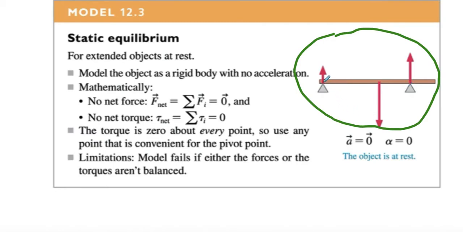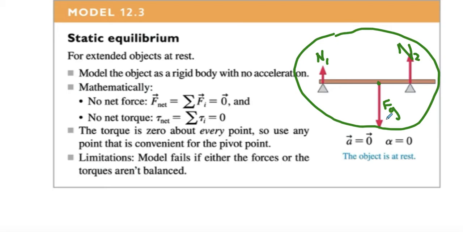Well, there's the upward force of support point 1, an upward force of support point 2, and then the downward force of gravity, which is applied at the center of mass of the object.